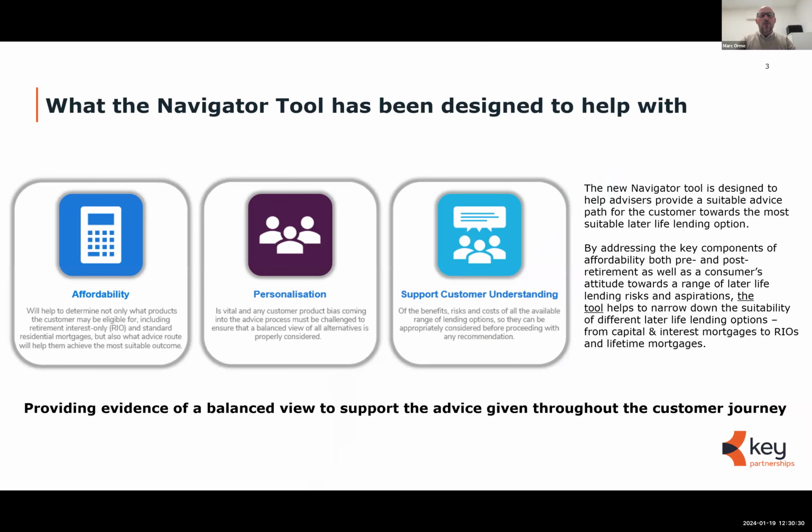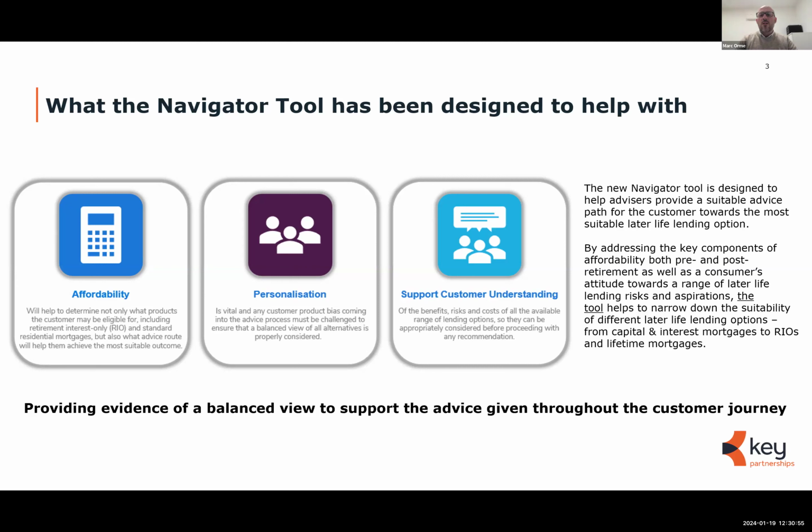In essence, what this does is bring the affordability element to the front of the process. It'll allow you to look at the type of products that could be available based on income and expenditure, and we'll explore this in more detail as we work through the webinar. We'll also look at a demonstration of the tool and how this works in practice.